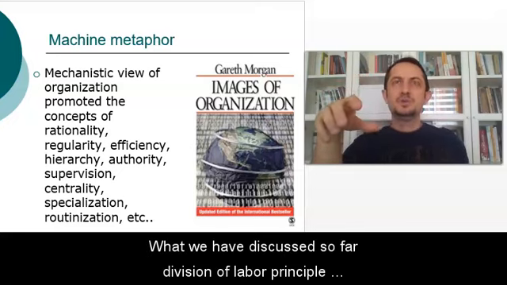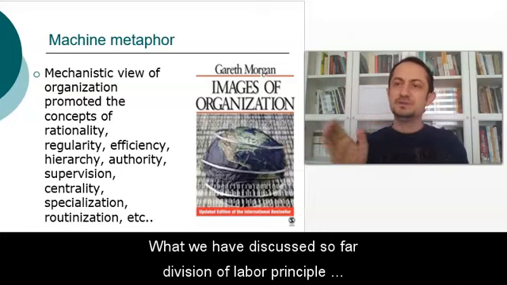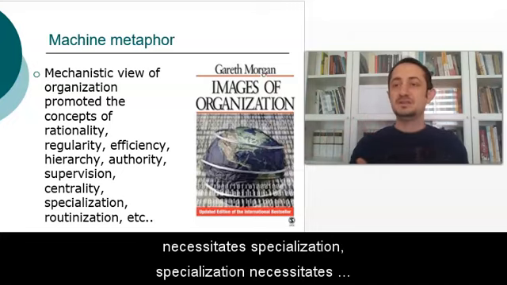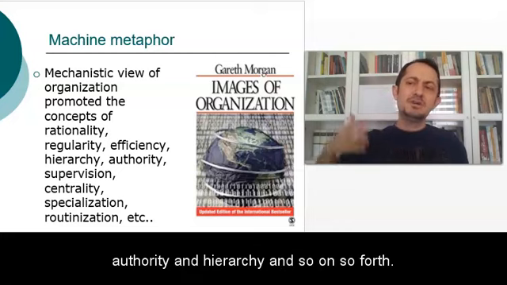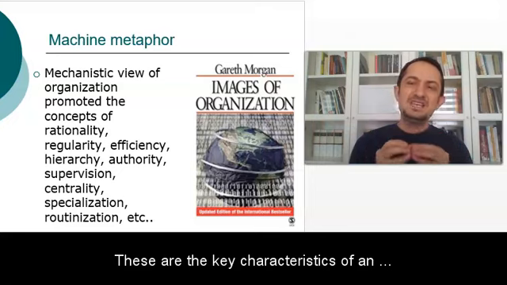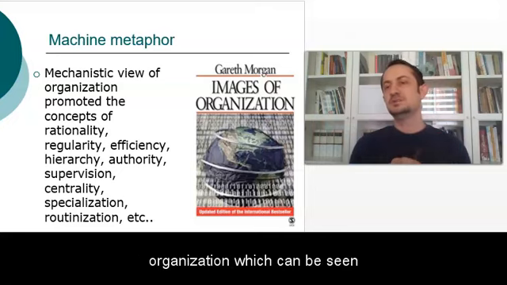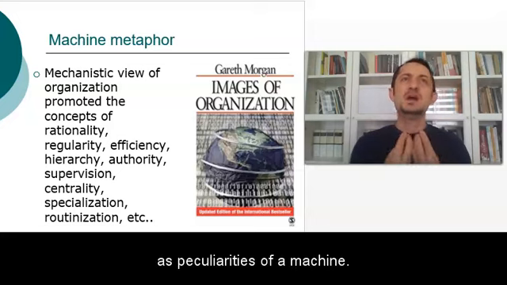What we have discussed so far, division of labor principle necessitates specialization, specialization necessitates coordination, coordination necessitates authority and hierarchy, and so on and so forth. These are the key characteristics of an organization which can be seen as the peculiarities of a machine.